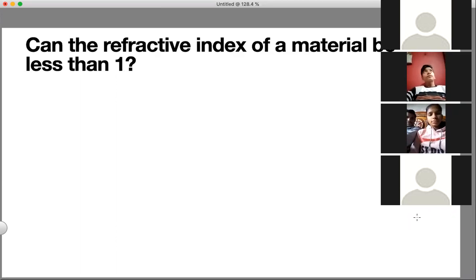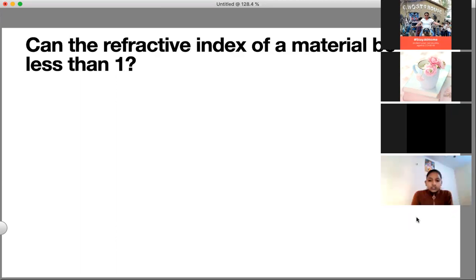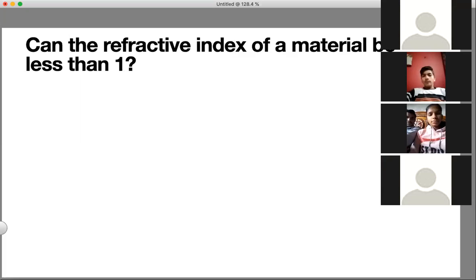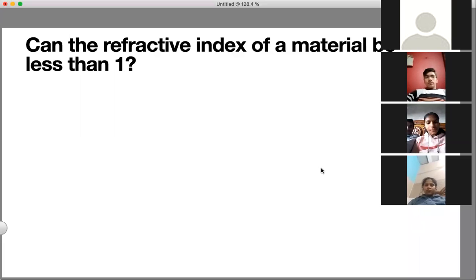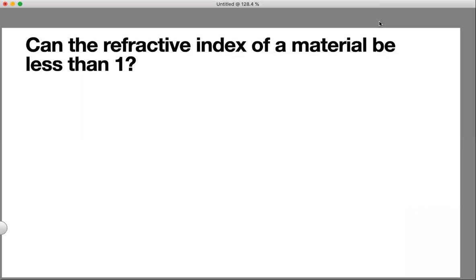Disha, camera on करिए. Disha and Nancy, better switch on your camera. Yes, sir. And also, okay, Nancy has done it. Good. Okay. So Disha, you do it. We will get started.